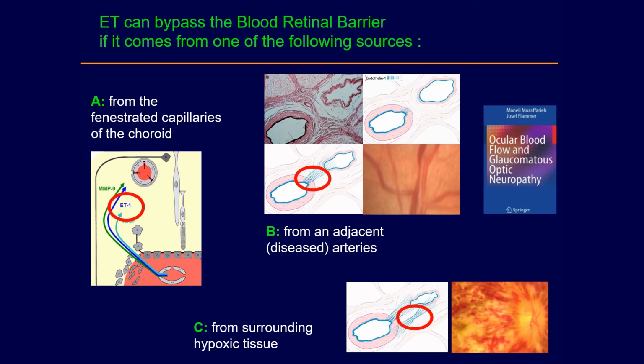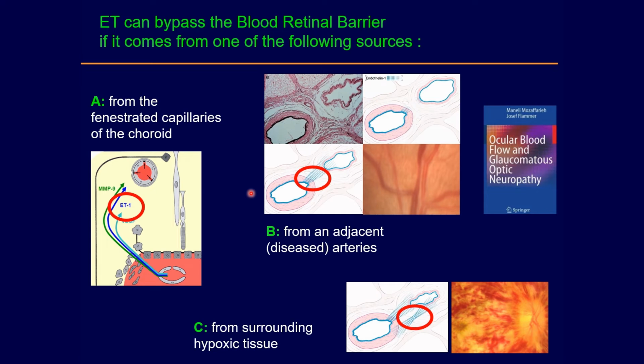This is the case when endothelin diffuses from the fenestrated capillaries into the optic nerve head and the adjacent retina, or when it is produced by a diseased artery and diffuses to a nearby or even crossing vein.